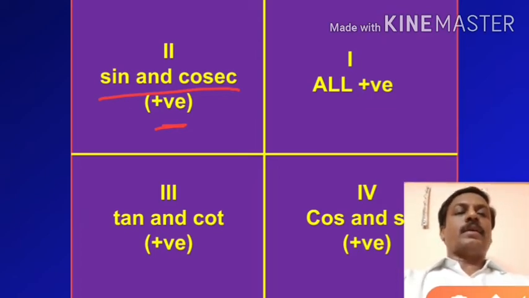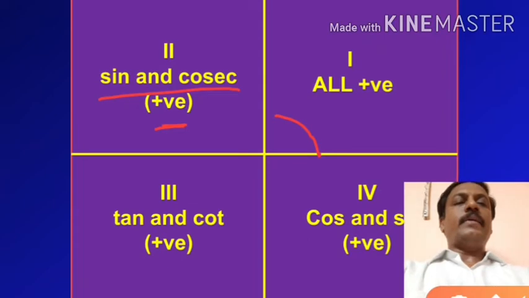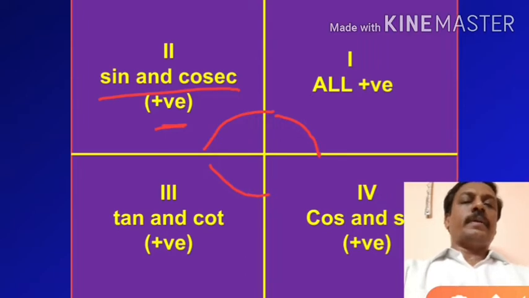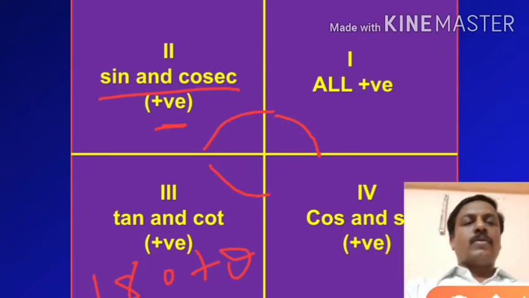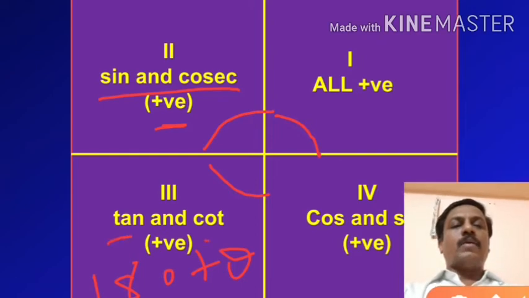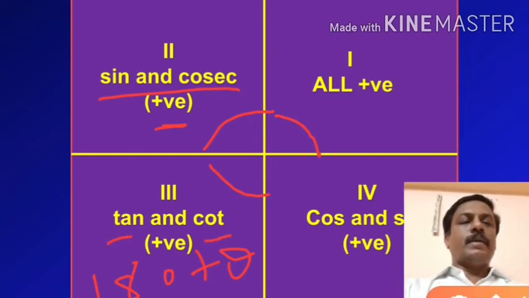Then in the third quadrant, see, this is 0 to 90, this is 90 to 180. Now this will be 180 to 270. So if the angle is 180 plus theta, then it comes in the third quadrant. In the third quadrant, tan and cot are positive. Remaining all trigonometric functions are negative.